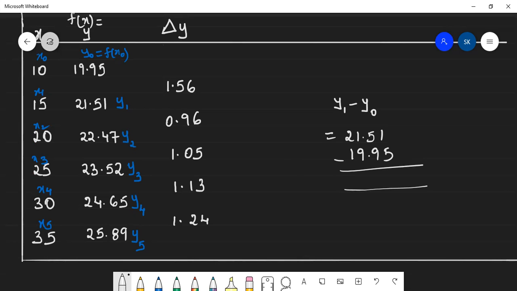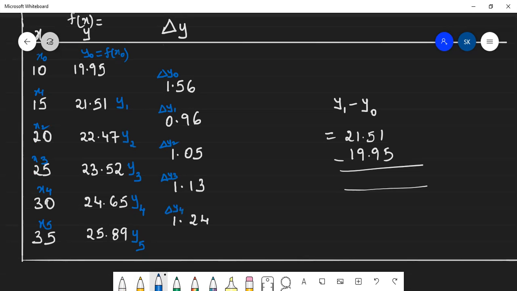Right? So what will be these values? I'll write here very small. Forward delta y0. This is forward delta y1. This is forward delta y2. Forward delta y3. This is forward delta y4.